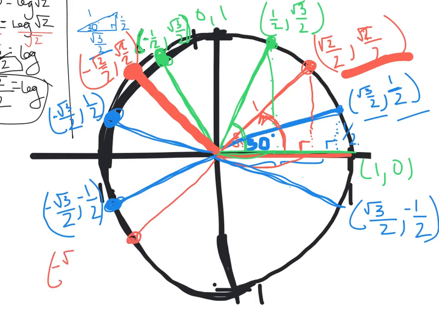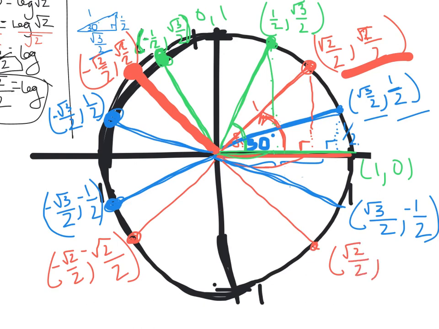Both values are negative here. And reflecting it into the fourth quadrant. In the fourth quadrant, only my y values are negative.